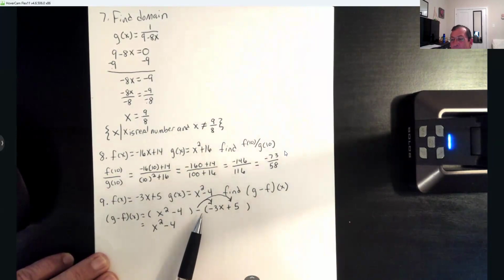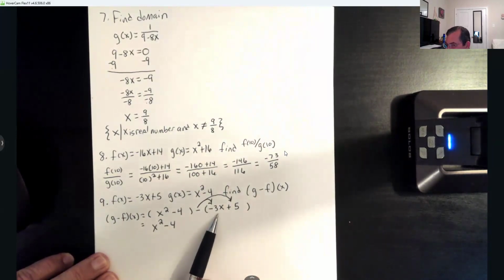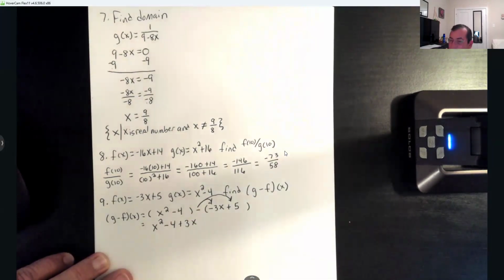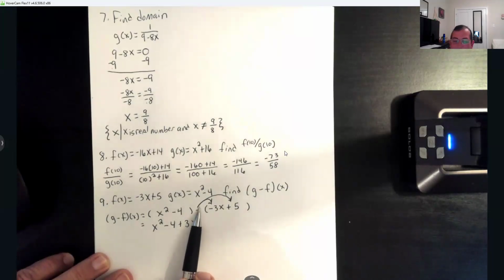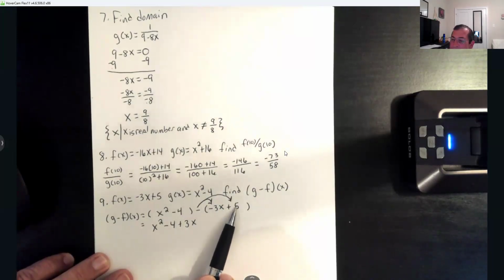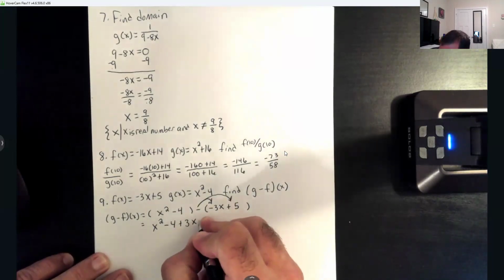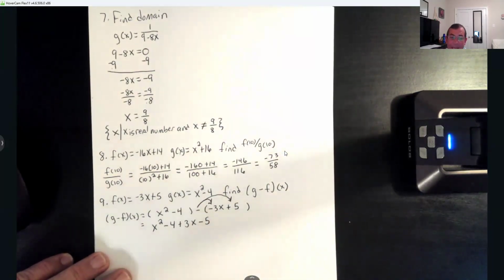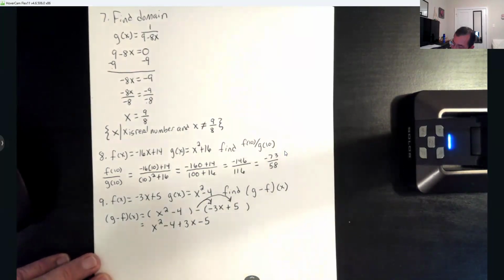So what's going to happen when I subtract a negative 3x? Well, negative times a negative will make that a positive 3x. And then this negative is getting distributed times that 5. So a negative times a positive 5 makes that a negative 5. Y'all, the biggest mistake I get on this, people put 3x here, but then they forget to distribute that, and they'll put a plus 5 here. That one sign will kill this problem, okay?